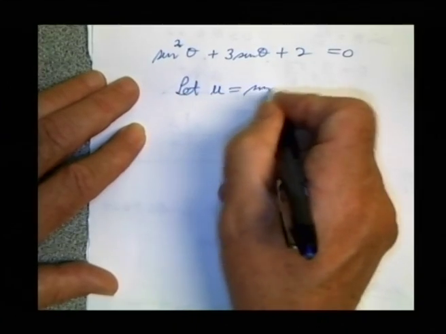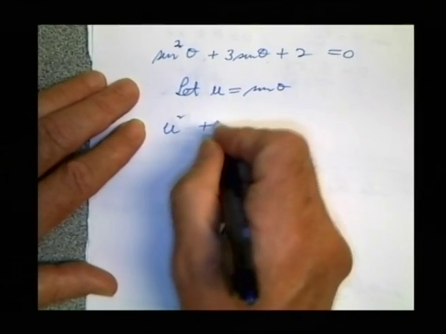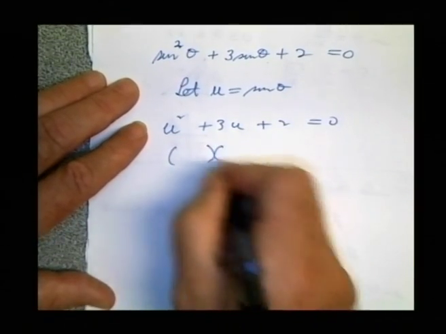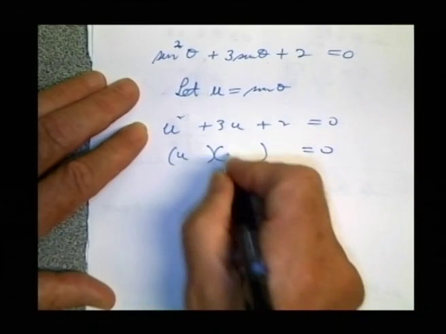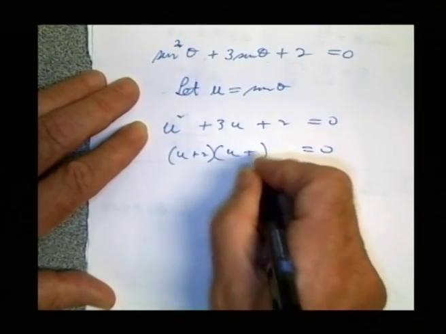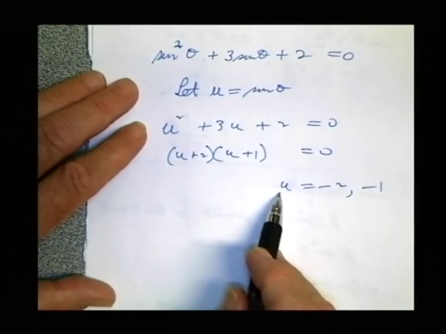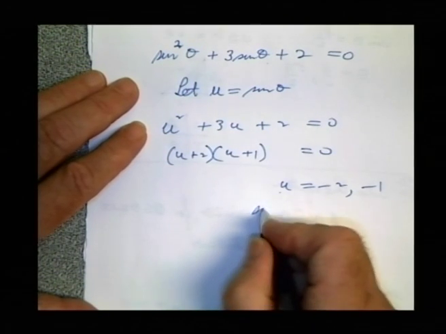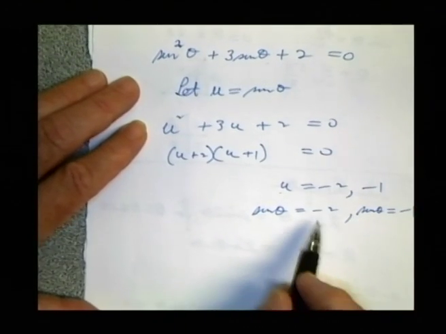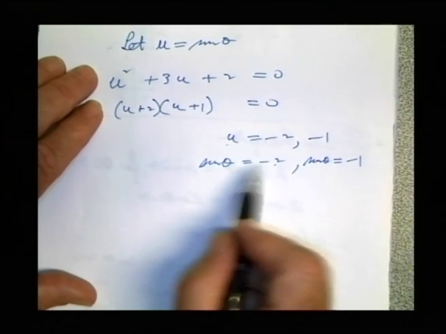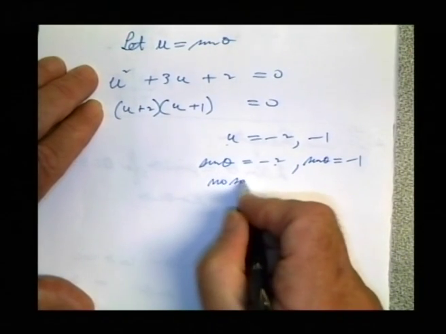Some people might put u equal to sine theta, and you get u squared plus 3u plus 2 equal to 0, and you can fairly simply see that u is equal to minus 2 or minus 1. And so sine theta is equal to minus 2, or sine theta is equal to minus 1. Now minus 2 is outside the range of values, so there are no solutions there.